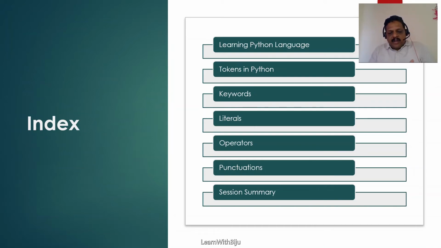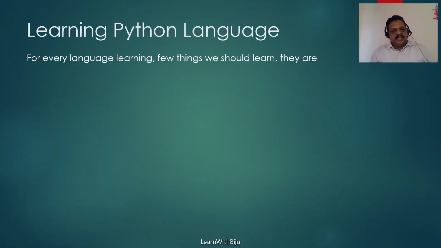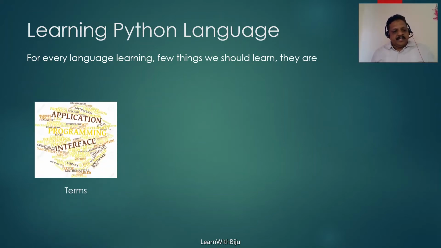As we are going to learn a new language, a few things we should learn first. What are those? One is terms, some of the programming terms. You must have heard about applications, programming, interface, software, classes, computer, then machine learning.